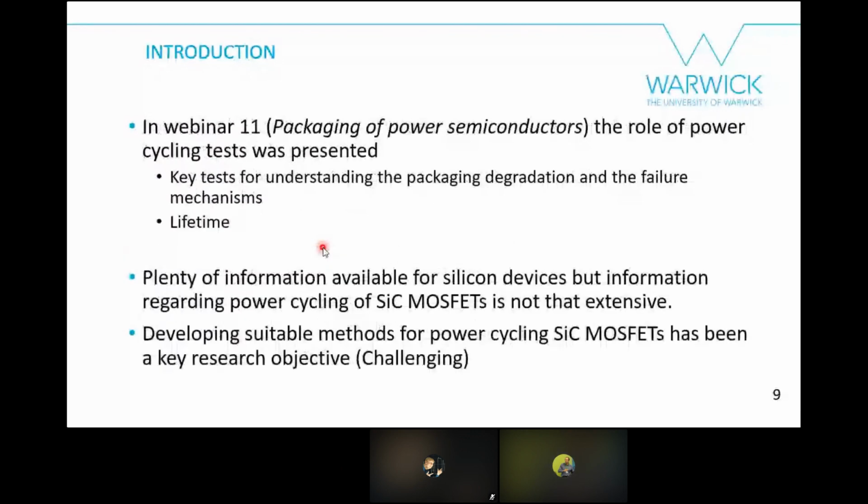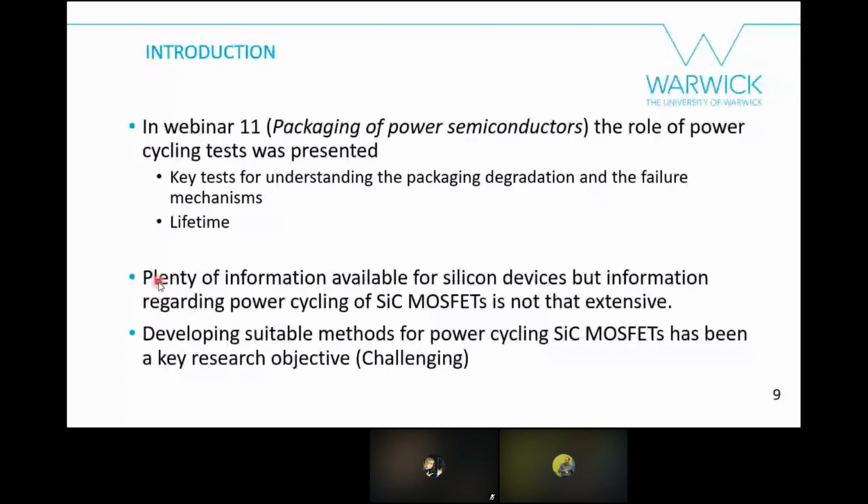In webinar 11, that was packaging of power semiconductors, the role of power cycling tests was presented, and I focused mainly on silicon devices. And it was concluded that these tests are key for understanding the packaging degradation and failure mechanisms, and they are good for understanding the lifetime of the packaging.